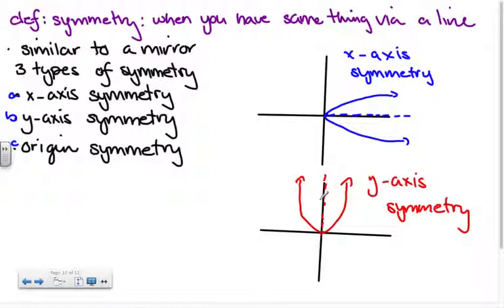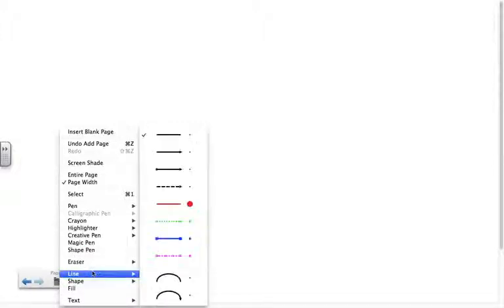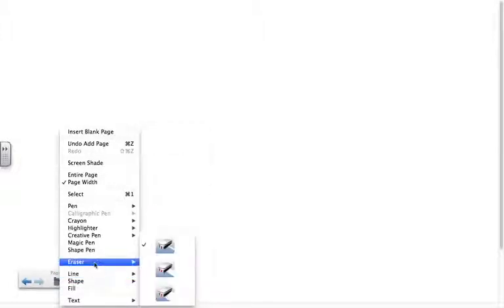Then, lastly, we have origin symmetry, which looks like this.